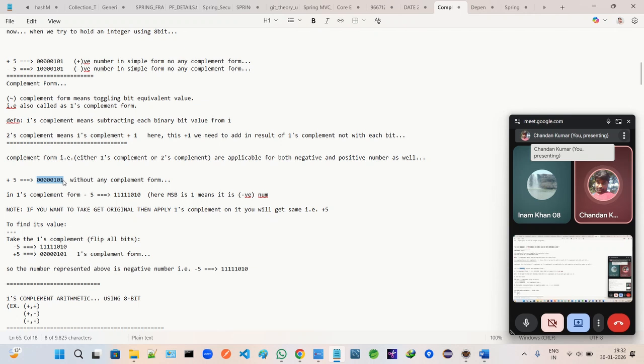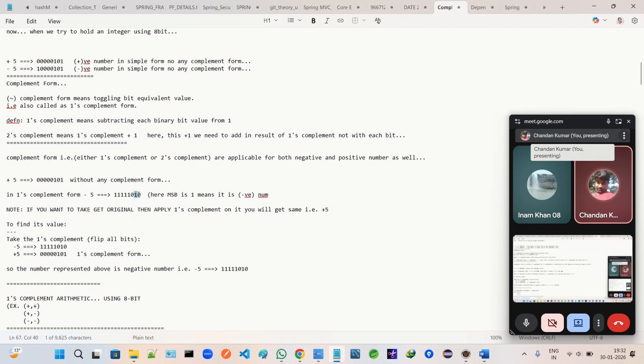This 0. Clear? Now the second bit is 0, so you subtract this 0 from 1. 1 minus 0 is 1 only. So your second bit is 1.